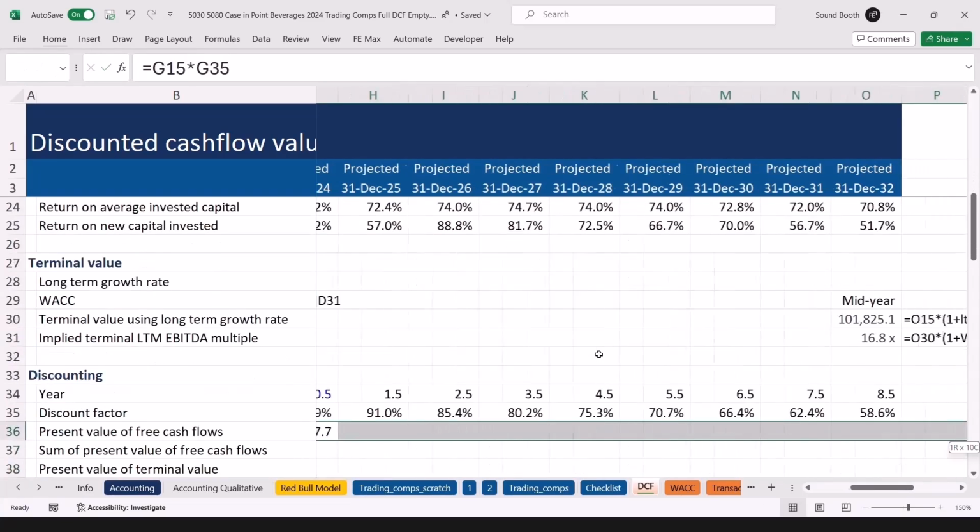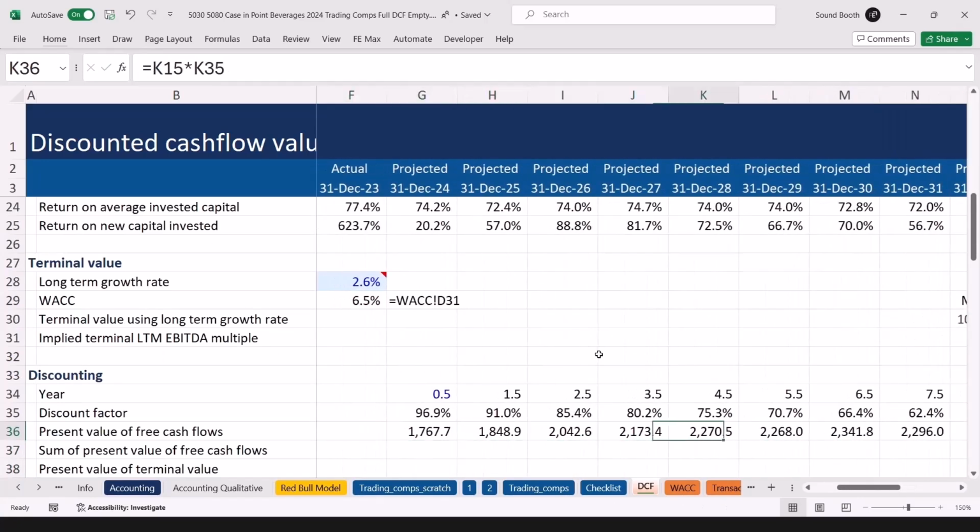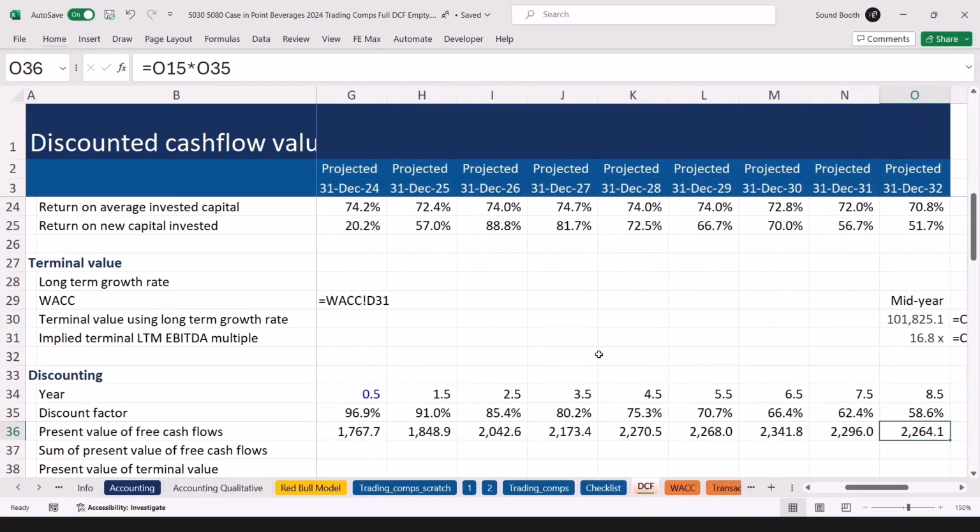So you can see that as the company grows, the free cash flows grow, but actually eventually they're not growing as fast as our WACC calculation. And that means that in present value terms, the cash flow declines over time.